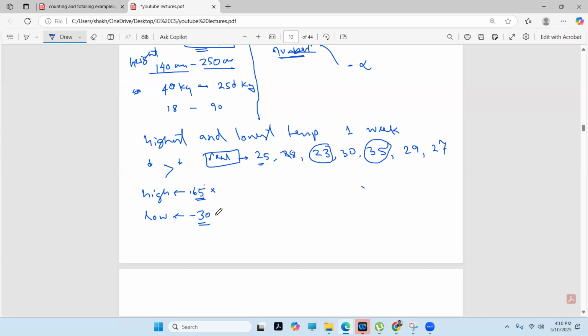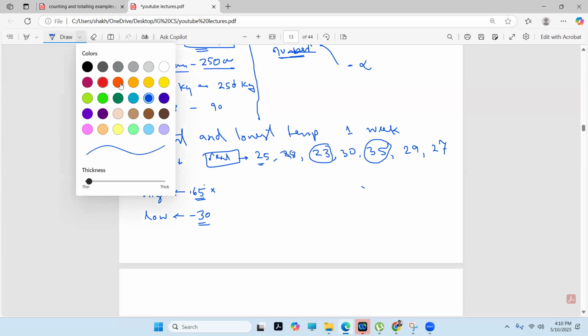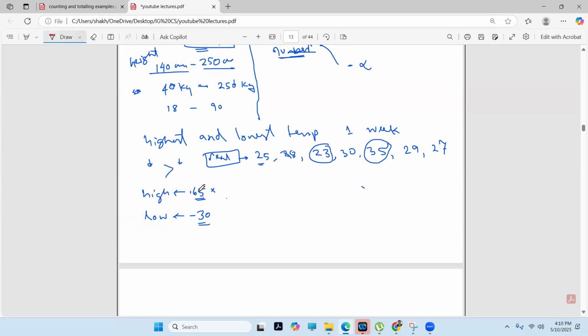So here we have to do a trick. At the beginning, you have to think that highest should be a lowest value: highest should be -30 and lowest should be 65. You should not think of highest as a highest. You have to think at the beginning of highest as a lowest from your common sense, and lowest as the highest from your common sense.